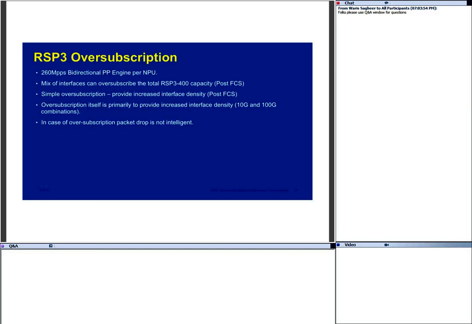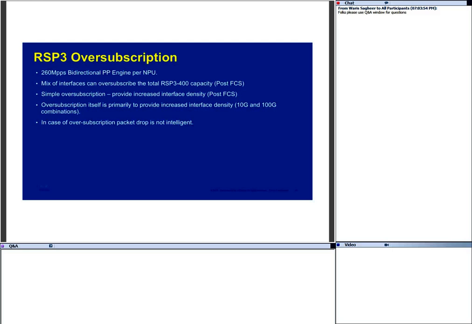It's one single ASIC which can do 200 gigabits per second. The RSP3 200 uses one single ASIC. The RSP3 400 uses two ASICs. That's how we double the capacity to 400.